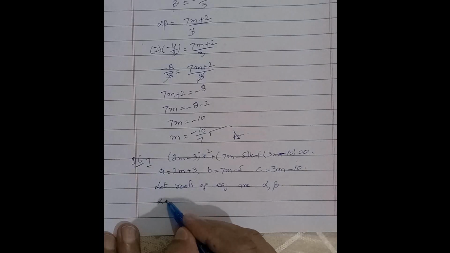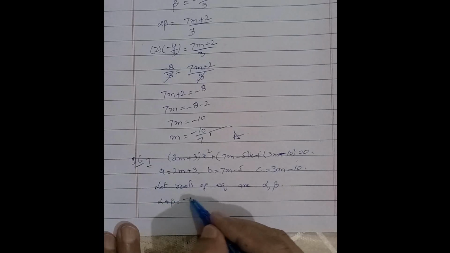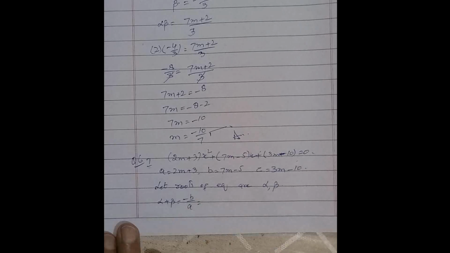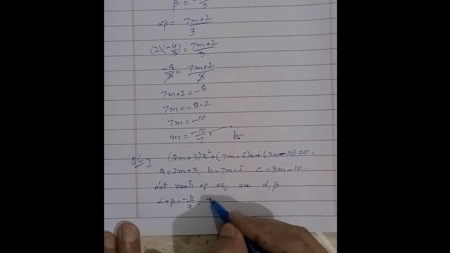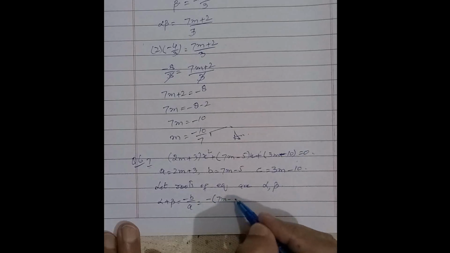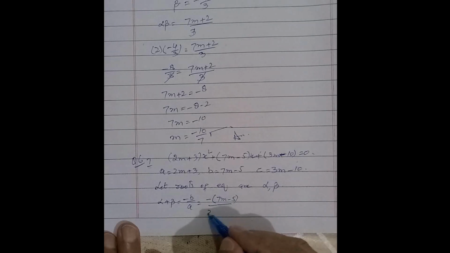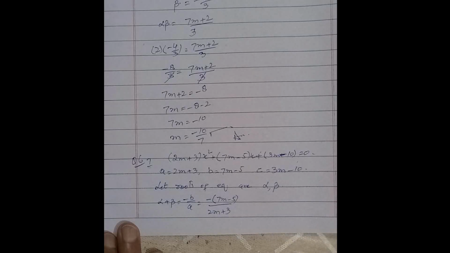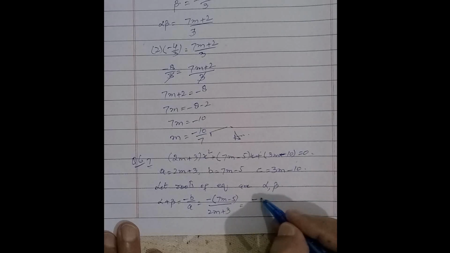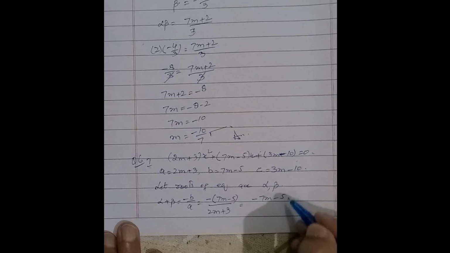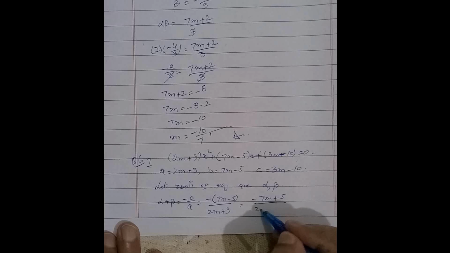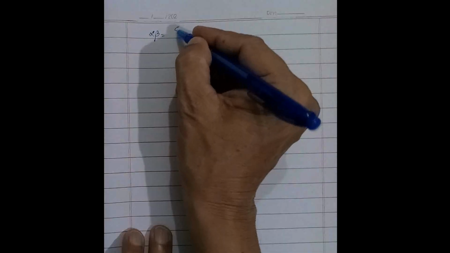The sum alpha plus beta is equal to minus b over a. Putting the values of b and a, we get minus 7m minus 5 over 2m plus 3, and we also write it as minus 7m plus 5 over 2m plus 3. The product is c over a.